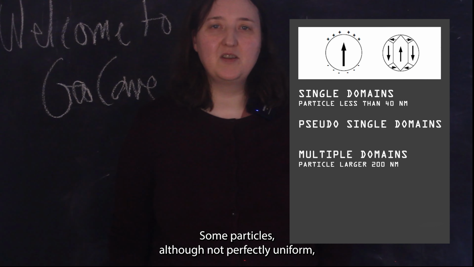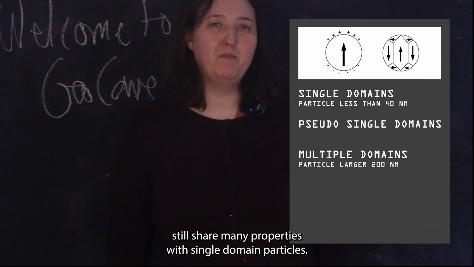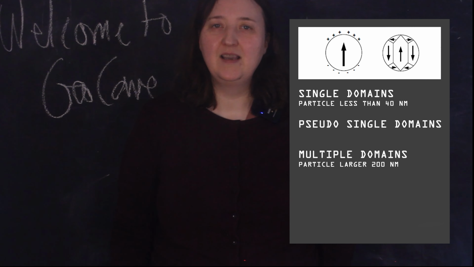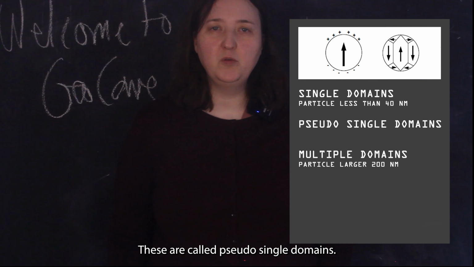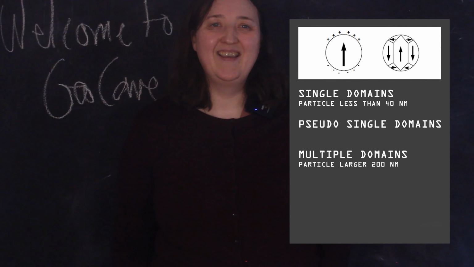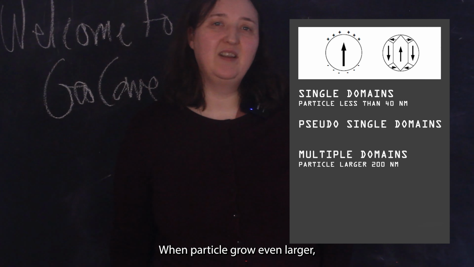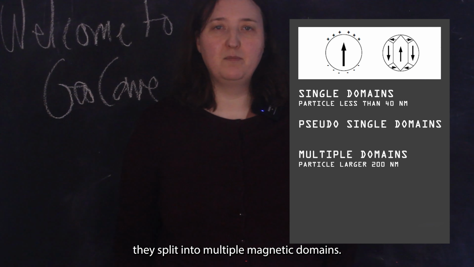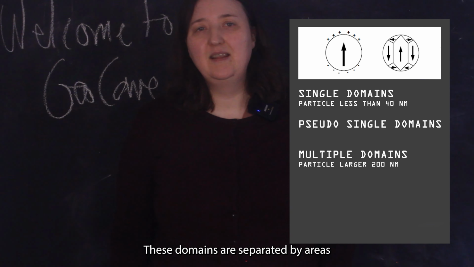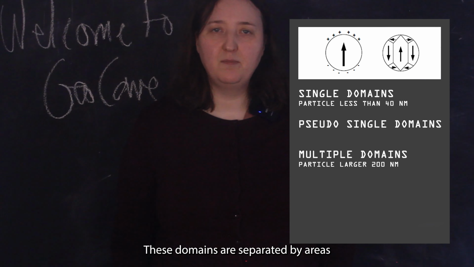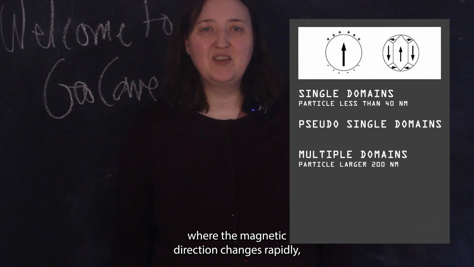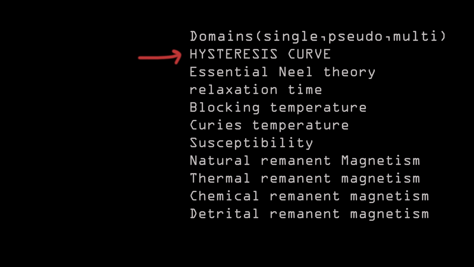Some particles, although not perfectly uniform, still share many properties with single domain particles. These are called pseudo single domains. When particles grow even larger, they split into multiple magnetic domains. These domains are separated by areas where the magnetic direction changes rapidly.